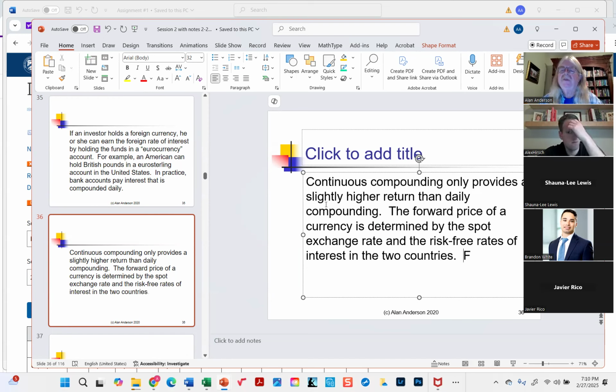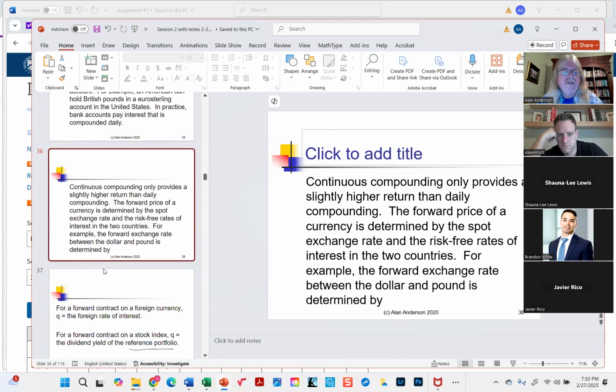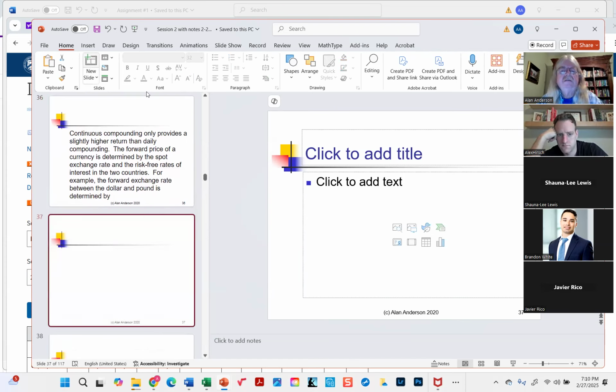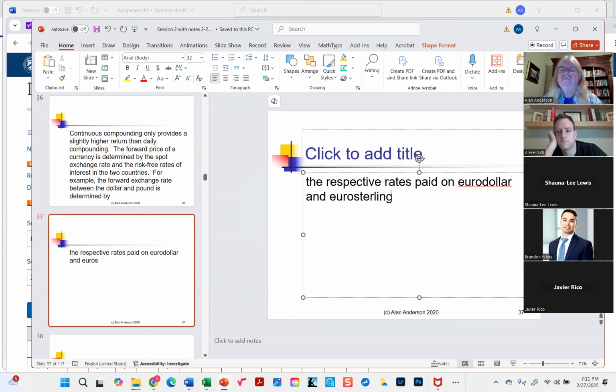For example, the forward exchange rate between the dollar and the pound is determined by the respective rates paid on eurodollar and eurosterling accounts.